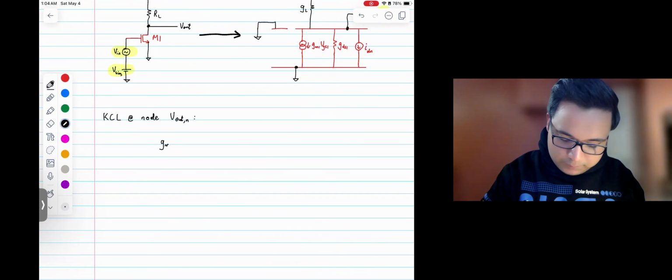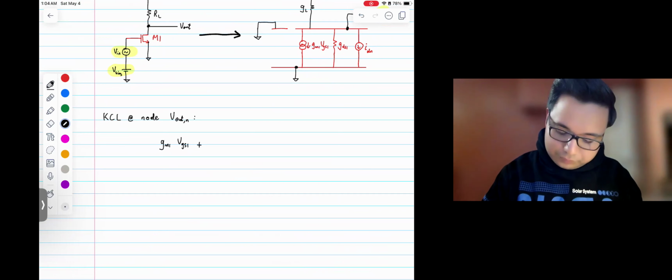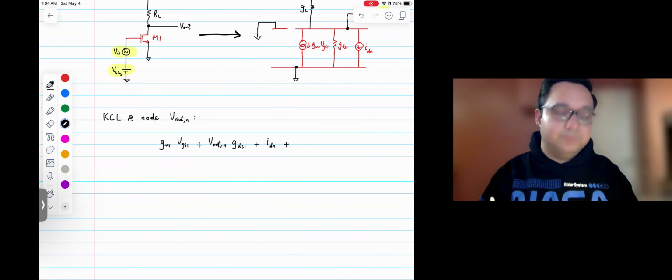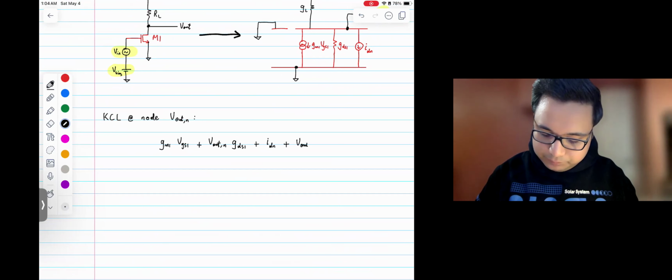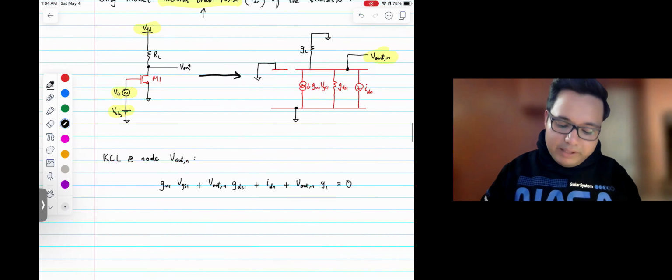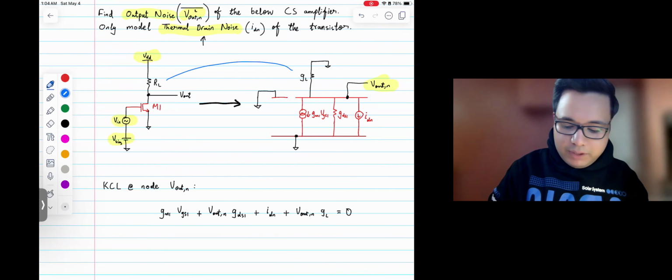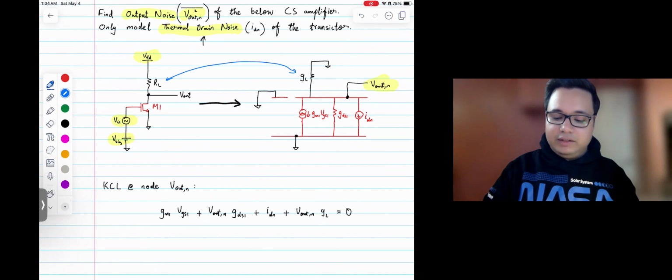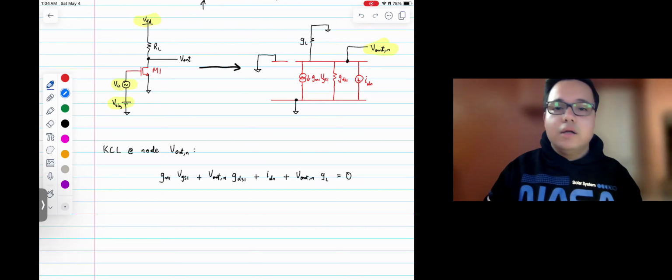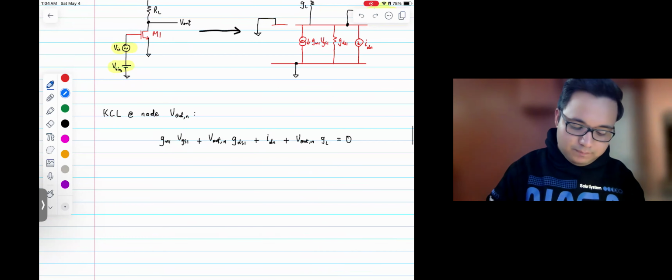This would be GM1 VGS1 plus VGS1 GDS1 plus IDN, which is the thermal drain noise, and V out N GL equals 0. Oh, by the way, GL is just like RL, but represented in conductance instead of resistance. Same thing, it just makes our KCLs easier to manage.